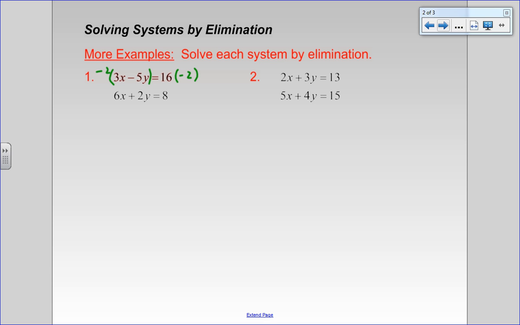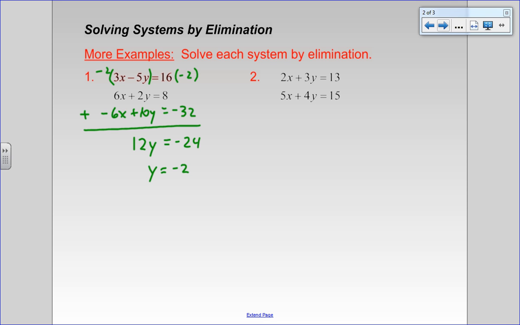So let's rewrite the first equation below the second one. We have negative 6x plus 10y equals negative 32. Now that the x terms have opposite coefficients, we can add the two equations together in order to eliminate those terms. So our new equation is 12y equals negative 24. We can now isolate y and see that y equals negative 2.